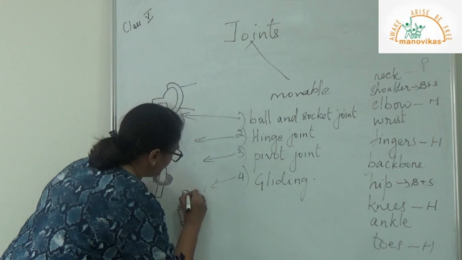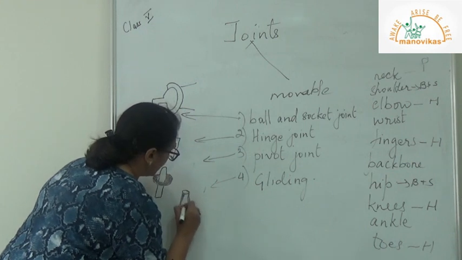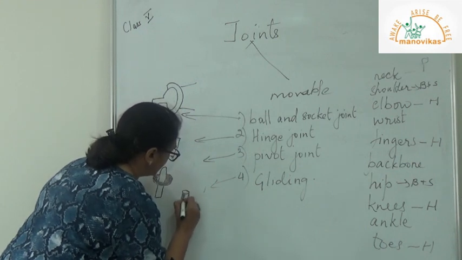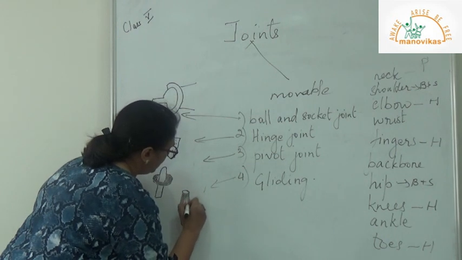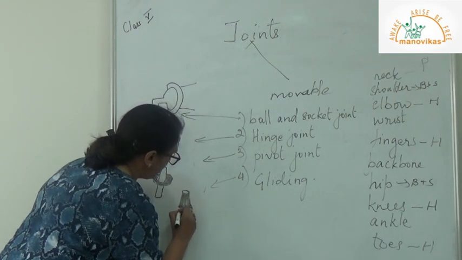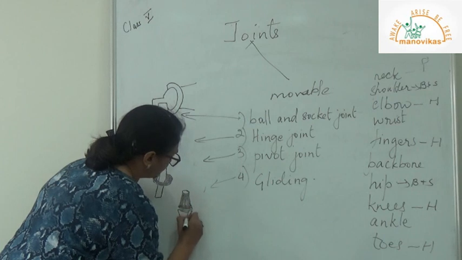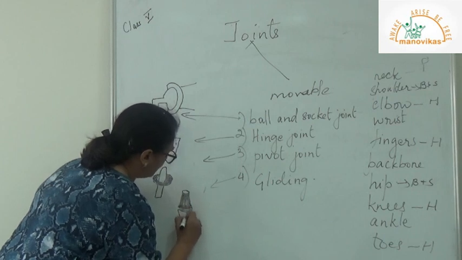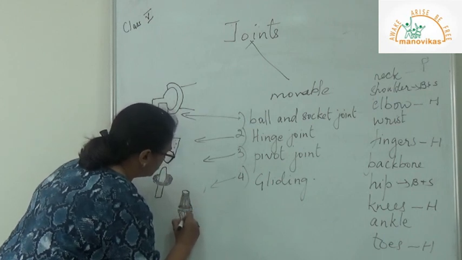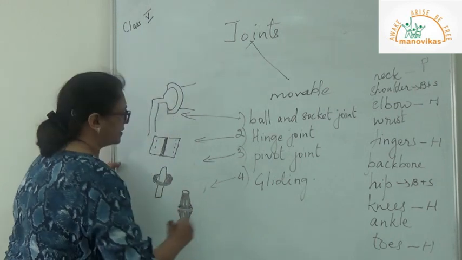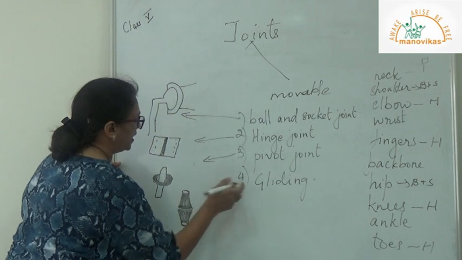The gliding joint is present in the wrist, the ankle, and in the backbone. It helps you to bend, it helps you to twist. Is that clear? This is the gliding joint.